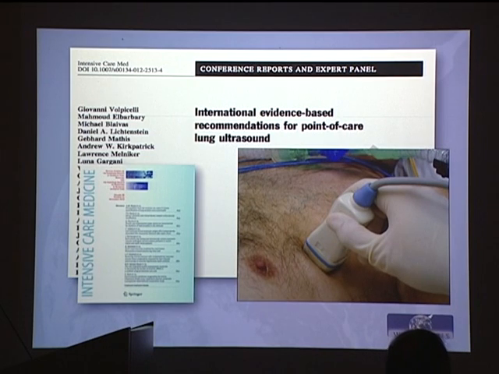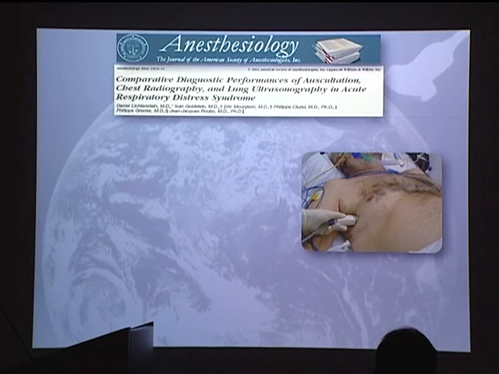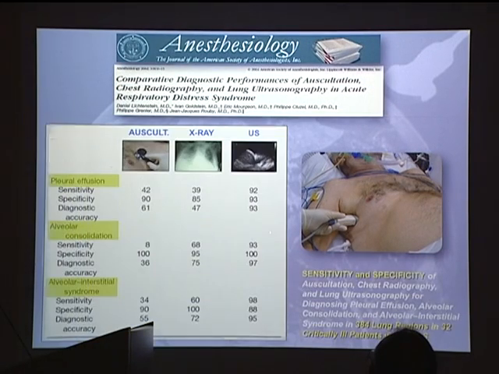So again, we are not talking anymore of an innovation, of an optional use, but of a best practice that we should integrate into our clinical practice.